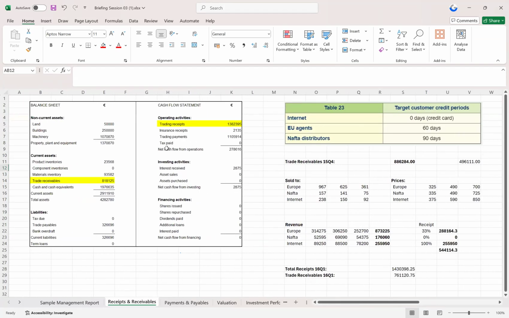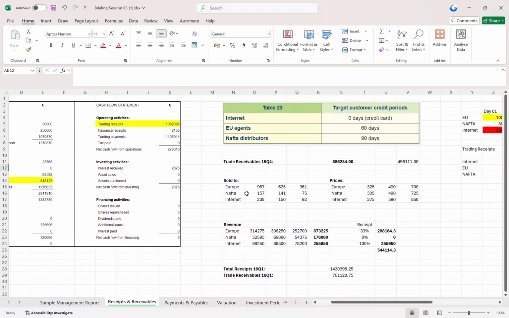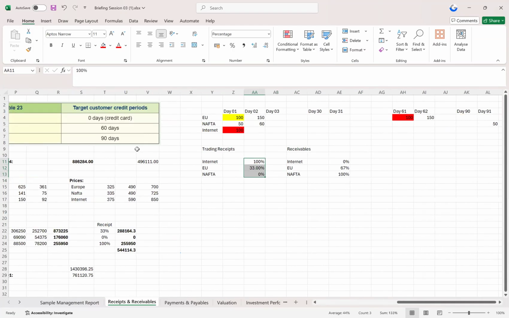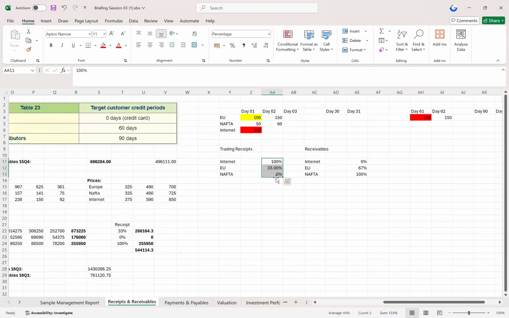So, how do we manage our cash flow statement? Sir, please repeat this part. Yes. So, for internet 100% it is clear, because we are getting the money on the same day, right? For Europe, we are only getting the money of the goods that we sell in the first 30 days.